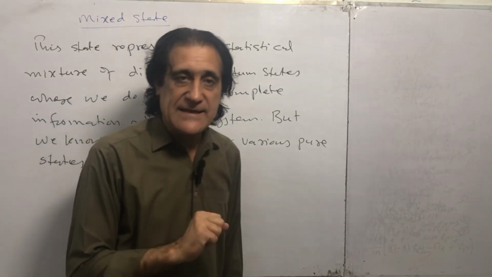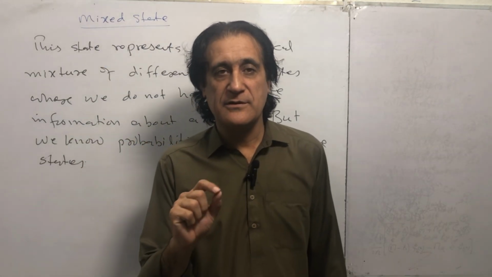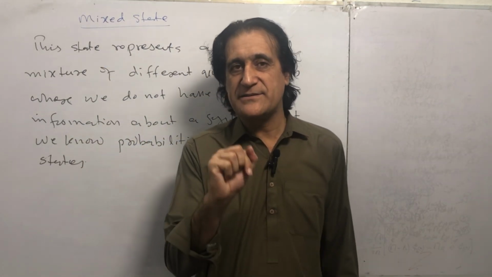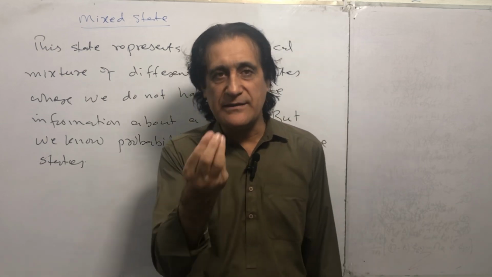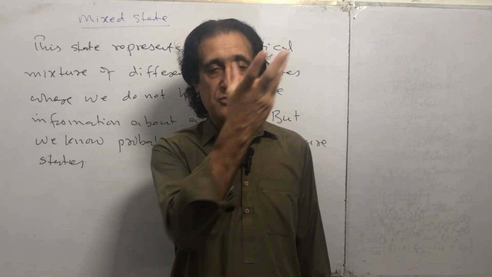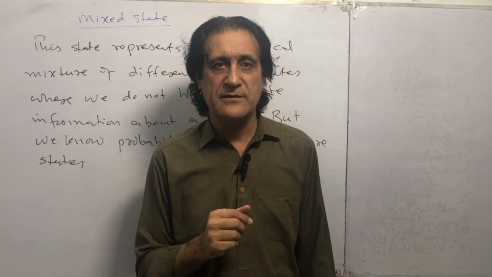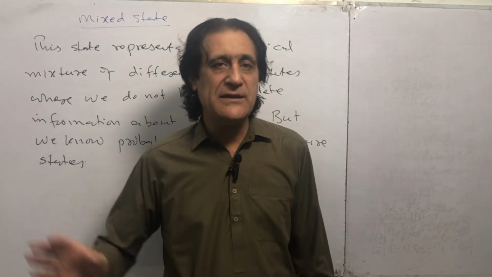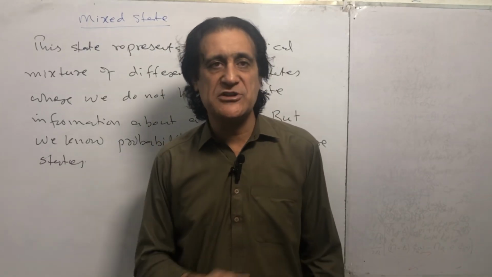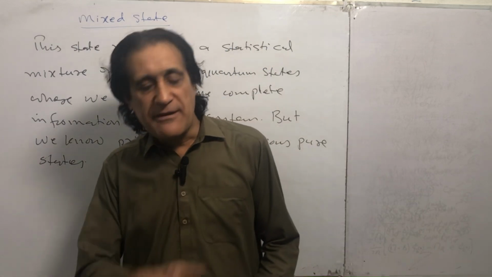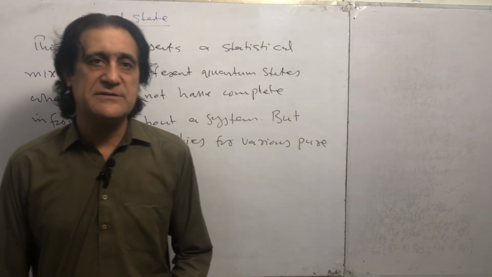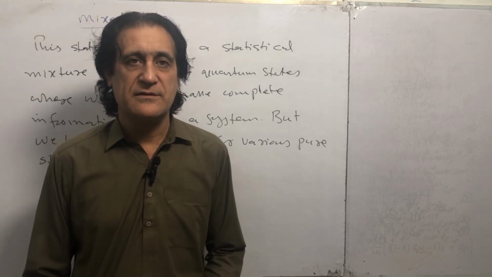So what will be an example of a mixed state? Suppose sunlight or the usual ordinary light: there are many photons with different directions, different probabilities, different photon numbers and different modes.